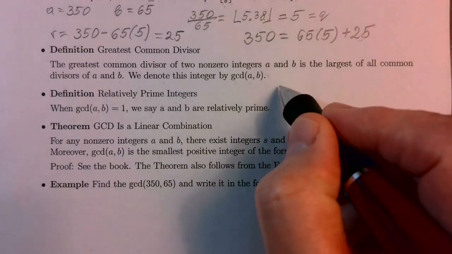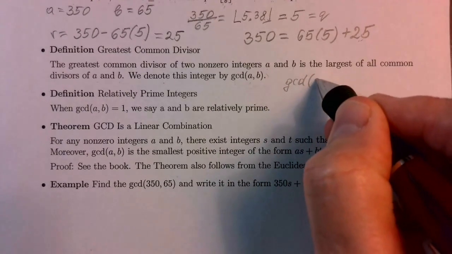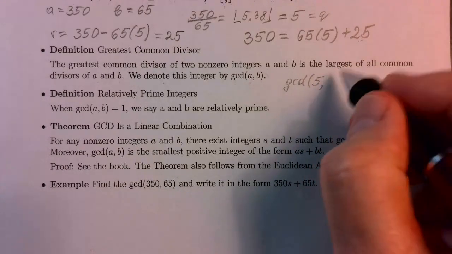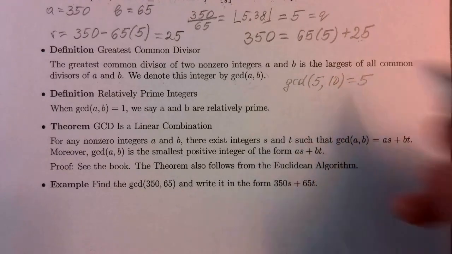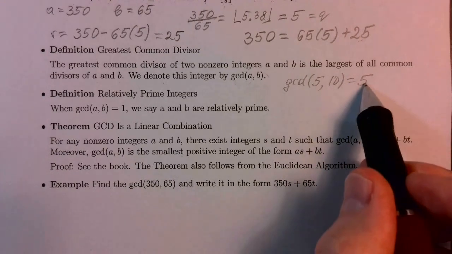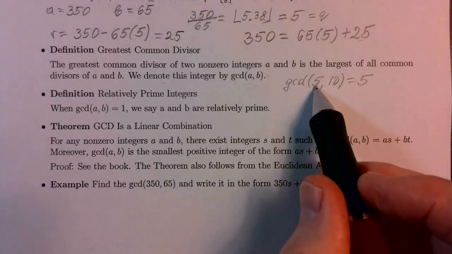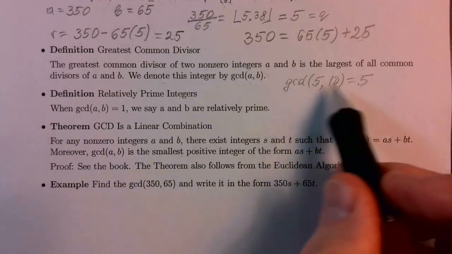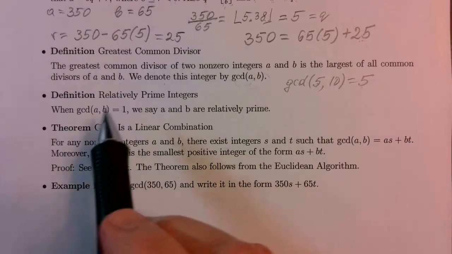For example, the GCD of 5 and 10 is equal to 5, because 5 is a common divisor of these two, and because this number 5 is not divisible by any bigger number than this 5, this is the greatest common divisor of 5 and 10.